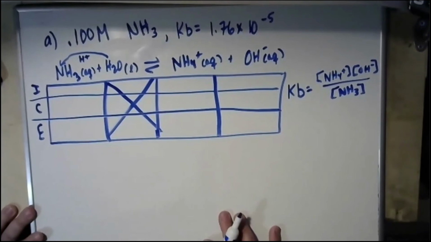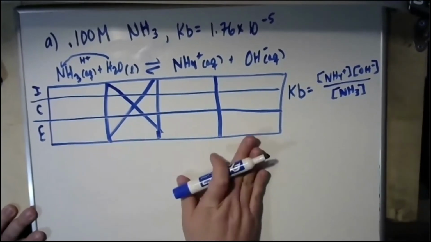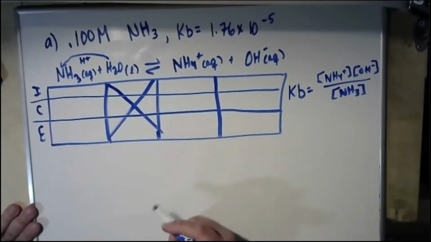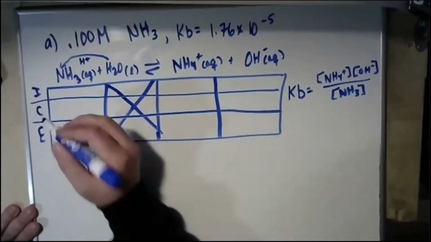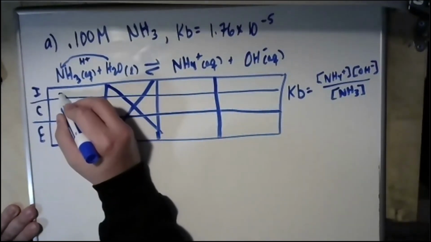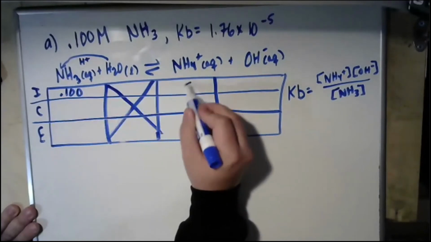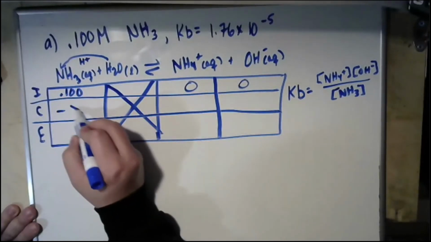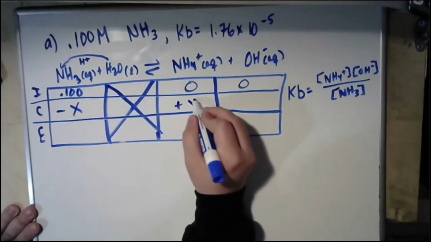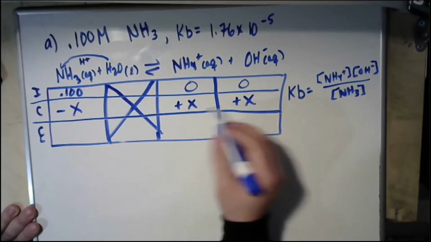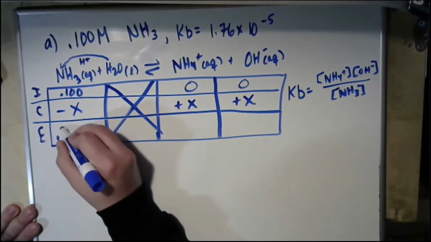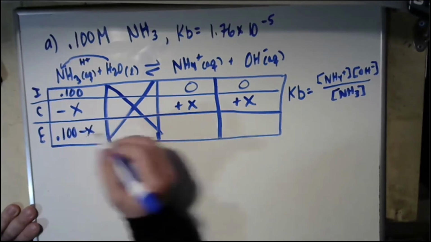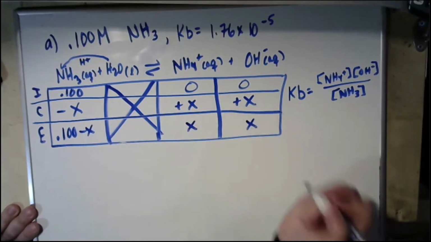All right, so let's fill in what we can with our ice table here. We're starting with an initial concentration of NH3 of 0.100, then minus X, plus X, plus X. And for equilibrium, we have 0.100 minus X, X and X.